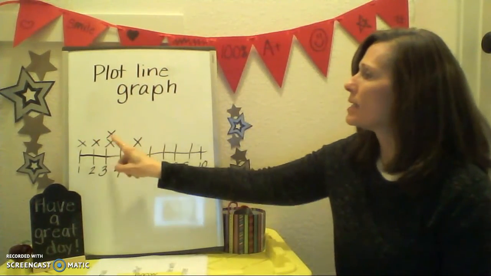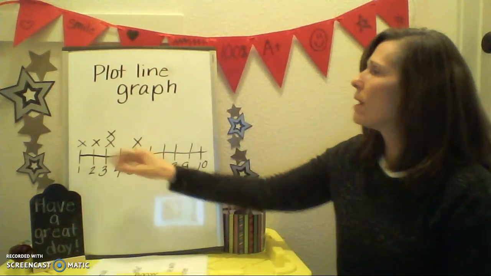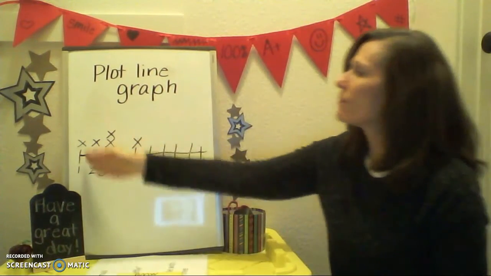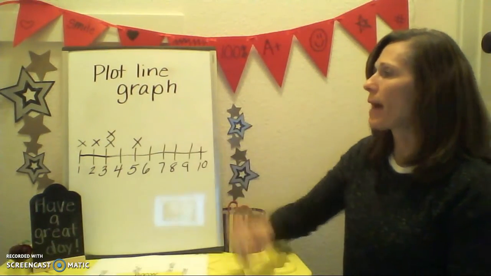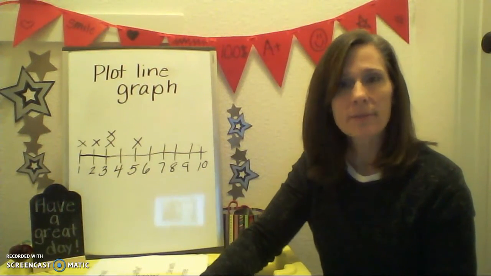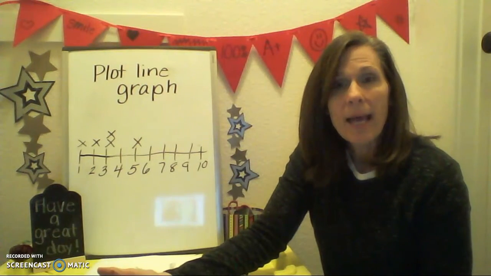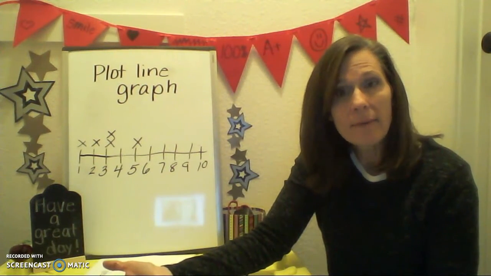I've plotted each bit of information on my line, and of course it makes a graph, right? So I hope that helps a little bit with how to do a plot line graph. Now you can do lots of questions and lots of graphs. If you want to ask, like, how many pets do you have?